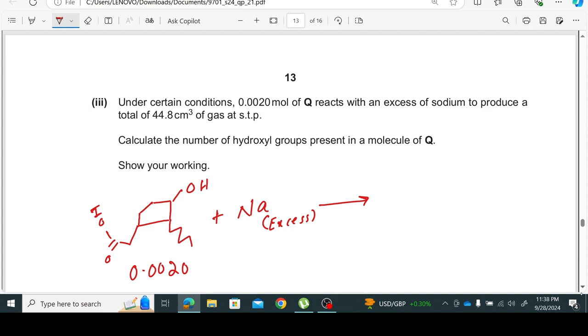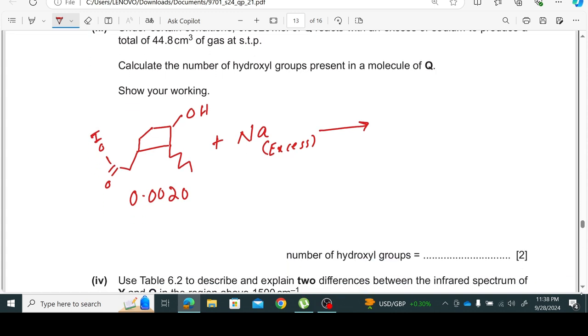So you will get the product. In an acid reaction, alcohol is a weak acid. Carboxylic acid is a little bit stronger than alcohol. So when the reaction happens, you will get a salt, O−Na+, with positive and negative ions.